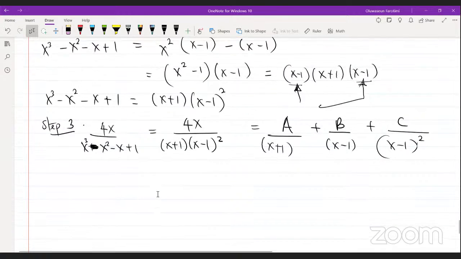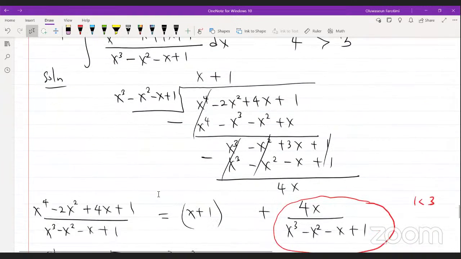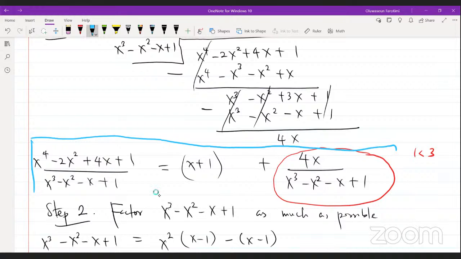So let's see, guys. Let's back up a little bit. Now remember that this whole equation, let me paint it in blue, let's call the whole thing in blue equation star.